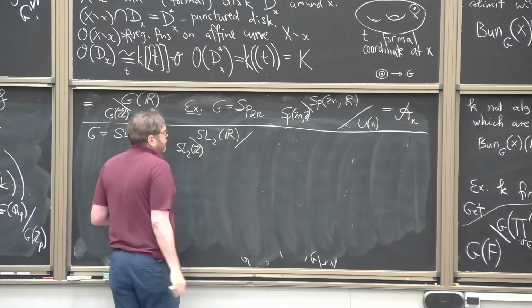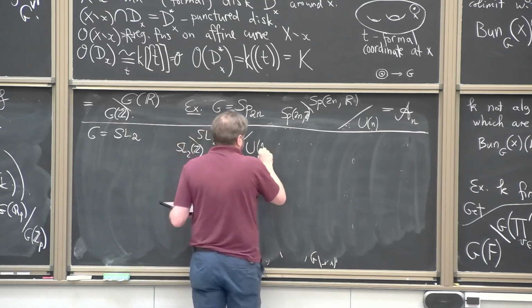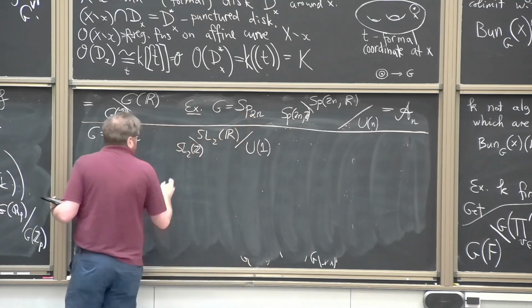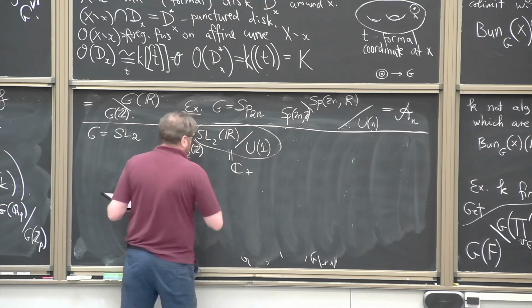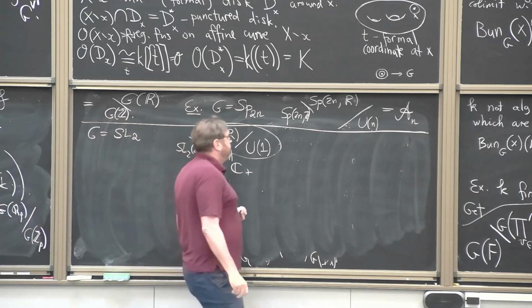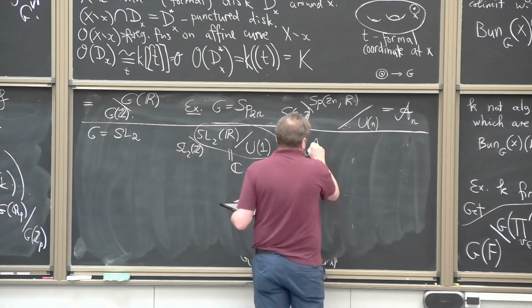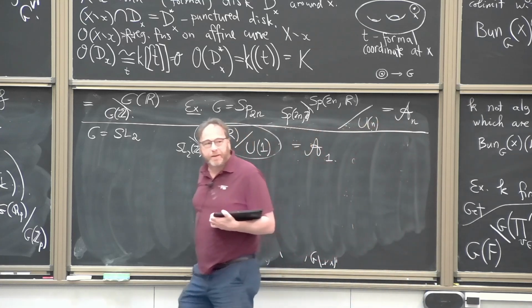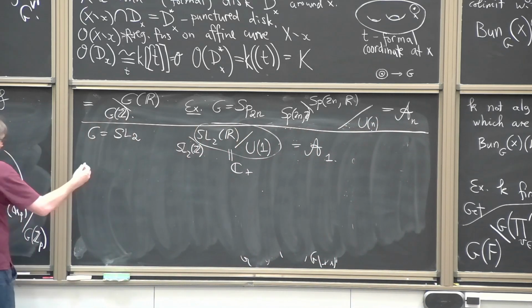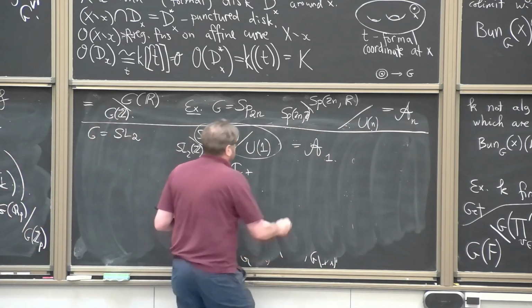And so if you quotient by U_1, well, this is the upper half plane. And so this is the moduli of elliptic curves, or M_1. So for me, this distinction is not going to matter. This is where modular forms live.